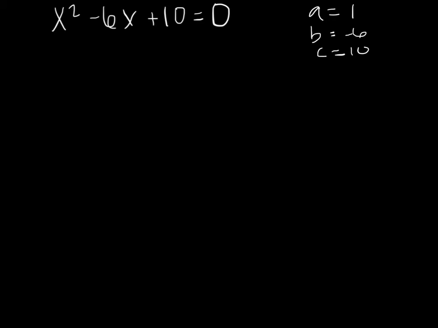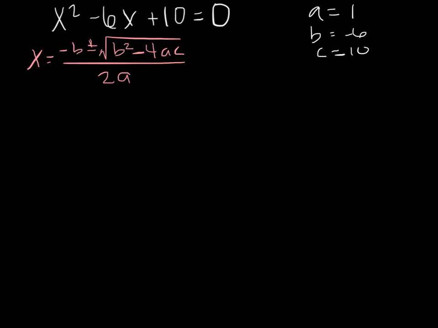Okay, now we're going to plug them into our quadratic formula. Okay, so here's our quadratic formula. And let's go ahead and start plugging things in. So we got x equals negative b. So it's the opposite of what b is. So we have a negative 6, so it's a positive 6.